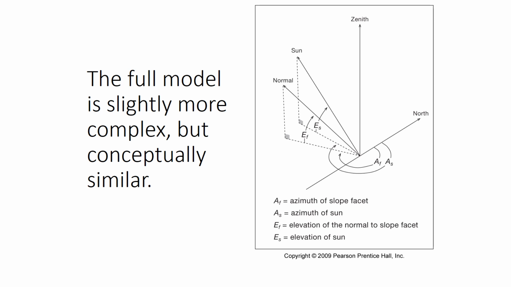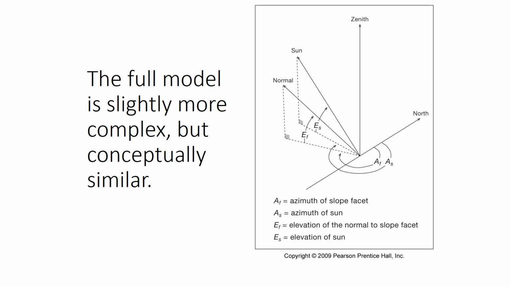So I've shown you there a simplification of that approach, just so you can understand it conceptually. The real model is slightly more complex, but it's conceptually similar, right? Instead of the sun being directly overhead, we're going to put the sun at an angle itself. We're still calculating the difference between the sun angle and the angle of the surface. And we're also going to take into account this idea of azimuth.